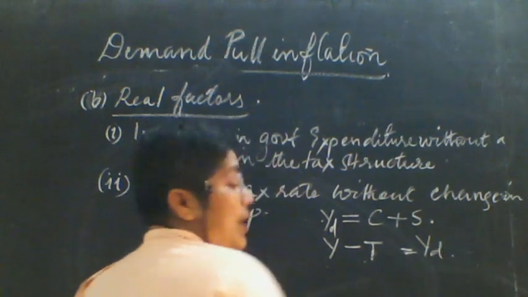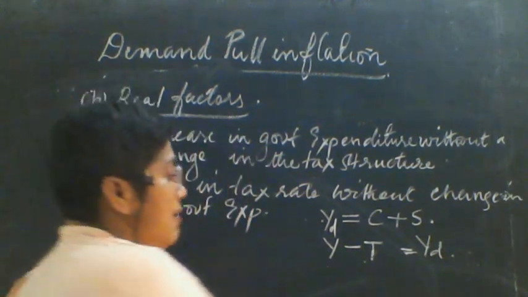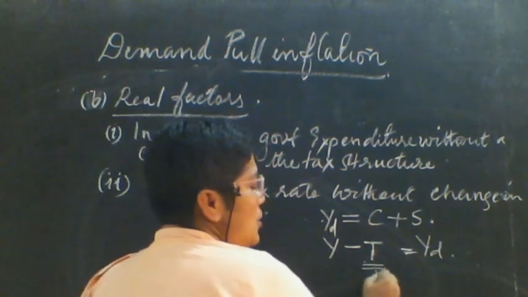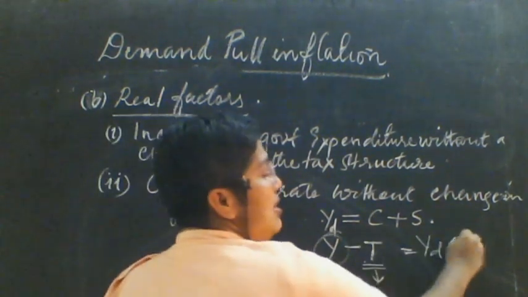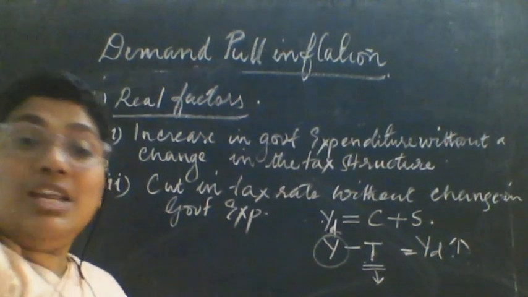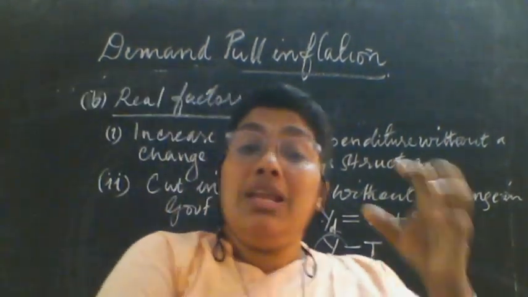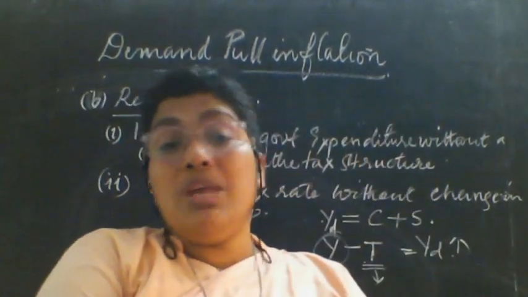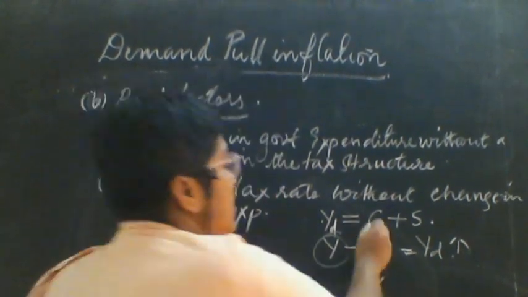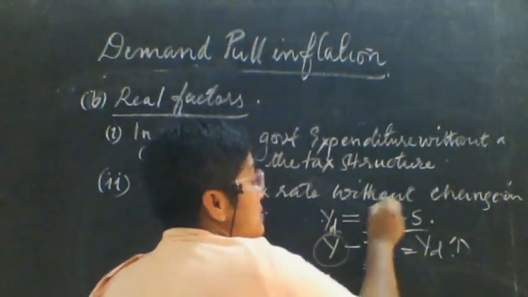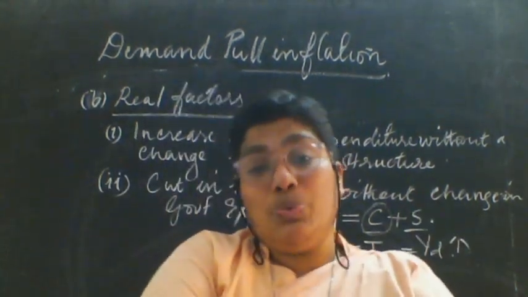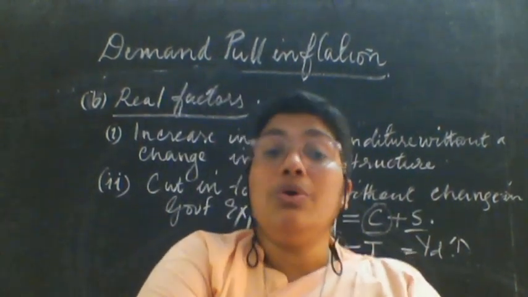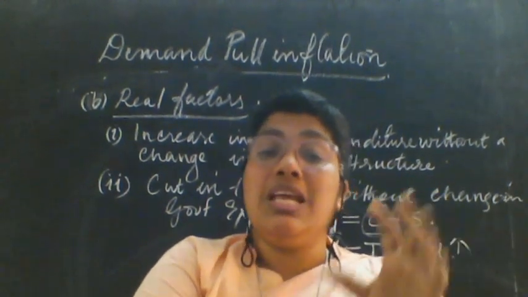When taxes are reduced, YD will increase. Disposable income will increase, and whenever income increases, it will create more demand; consumption can increase or saving can increase. Consumption increases, which means it increases the demand for real output.